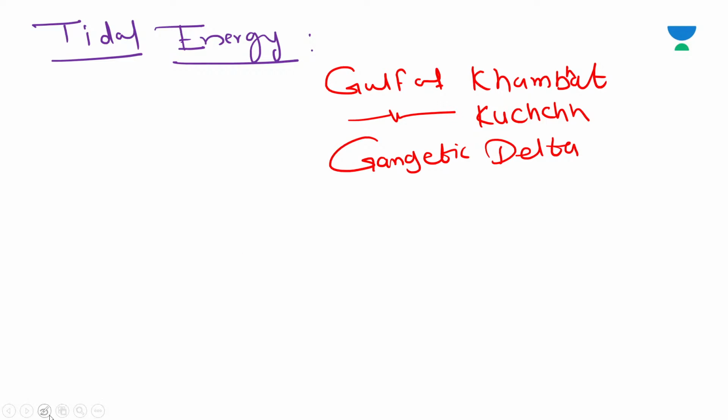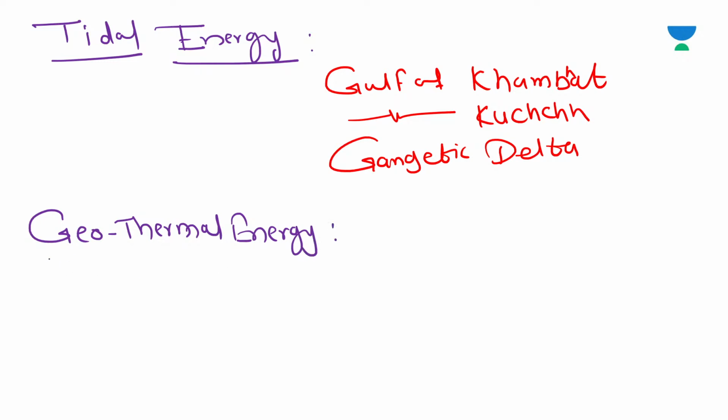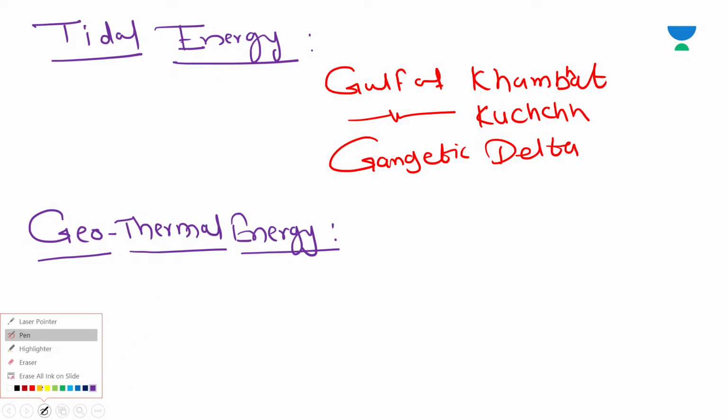Then next is geothermal energy. Now, geothermal energy refers to the heat and electricity produced by using the heat from the interior of the earth.